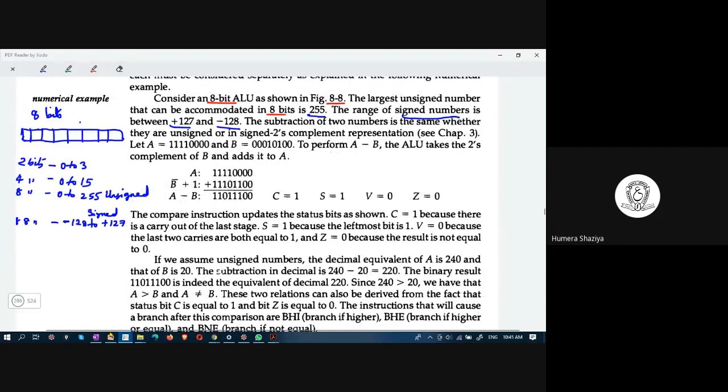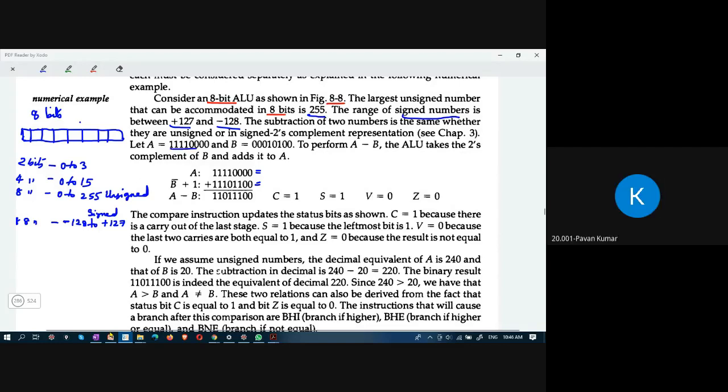Look here. A. What is the number of A? Tell me the number in decimal. What is this binary number converted into decimal form? And what is this one? Ma'am, shall we consider the first one as a binary number also? This is signed two's complement representation. Thus it is a negative number.